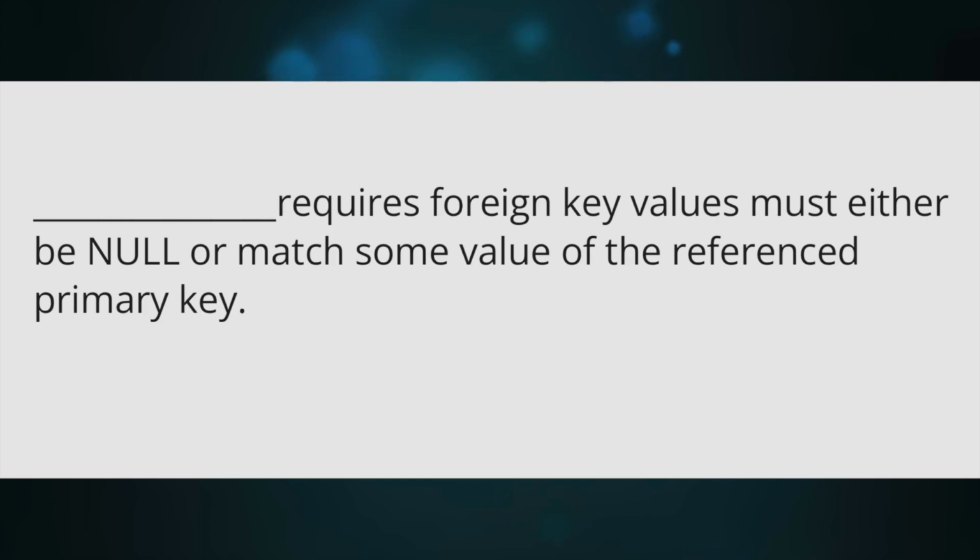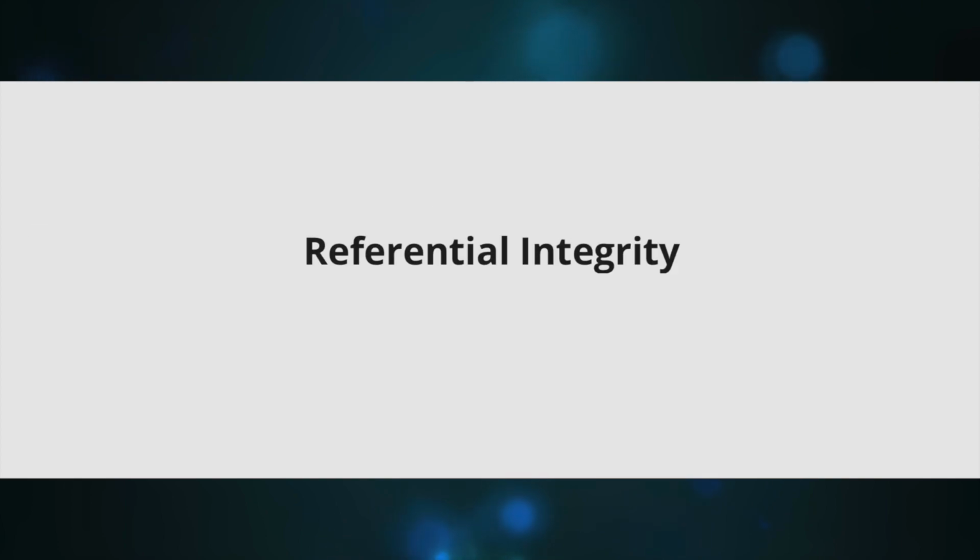It has to say null, or it has to match a value of a primary key, which means that if the primary key is like ID1, ID2, ID3, as you go down the rows, it's got to match that. And if not, it needs to say null in the place that it says null. So that's what referential integrity is.